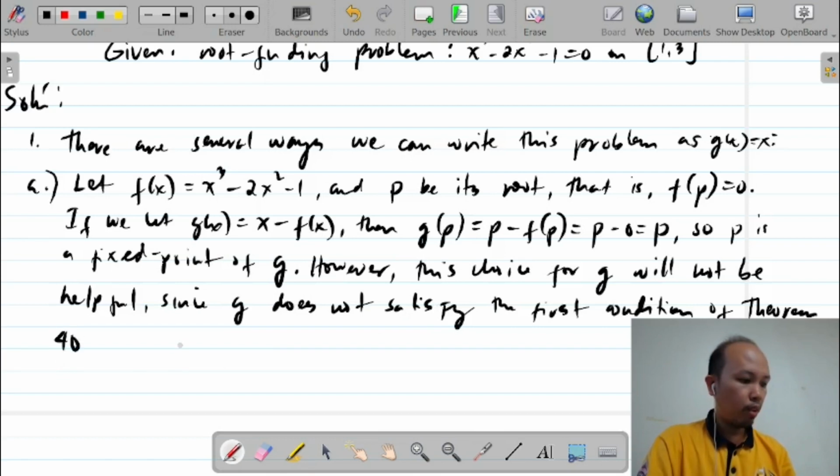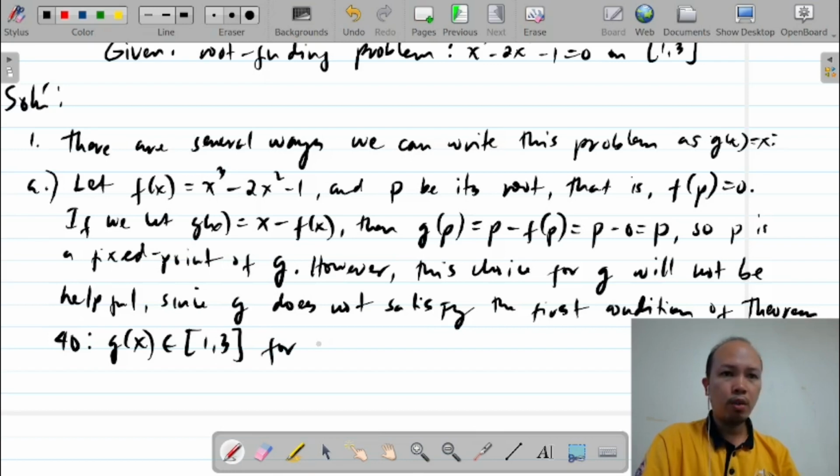Theorem 40, since g of x is not an element of the interval [1, 3] for all x in the interval [1, 3].